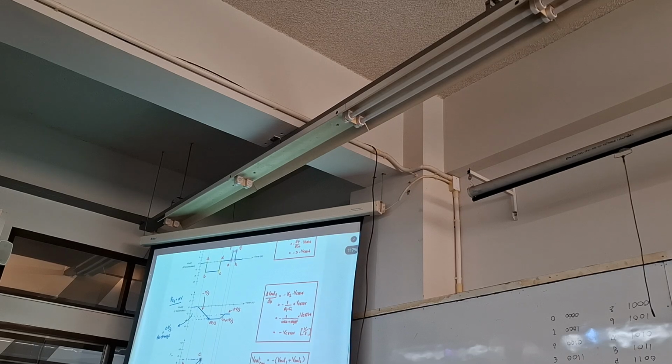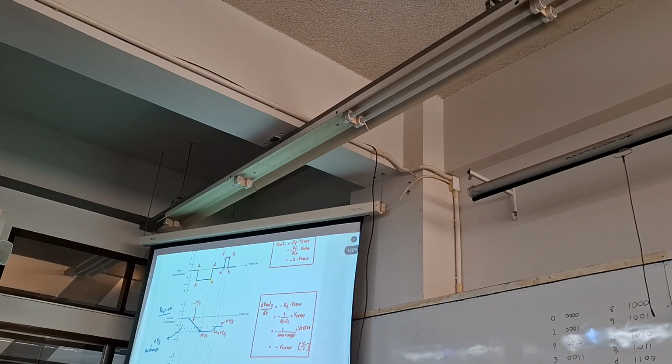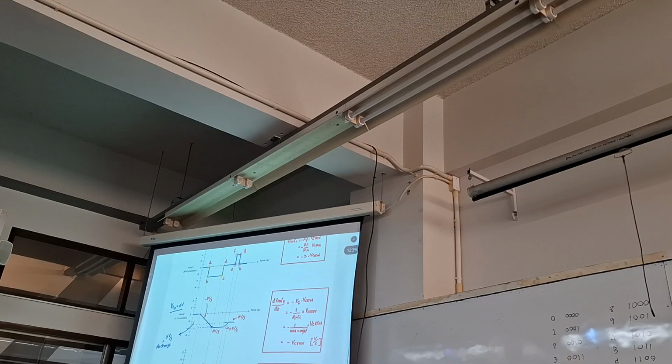Okay, let's see at point E. Point E, you will have V1 equal to 0, and at the same time scale you will have V2 at point E as -4.